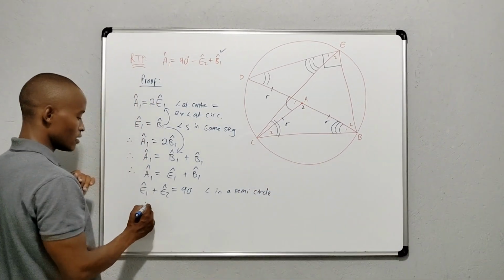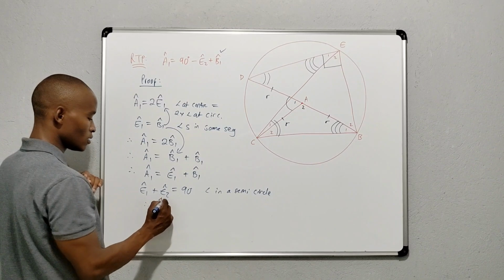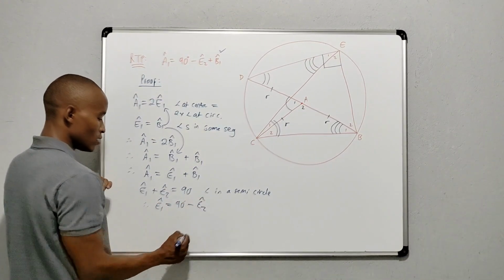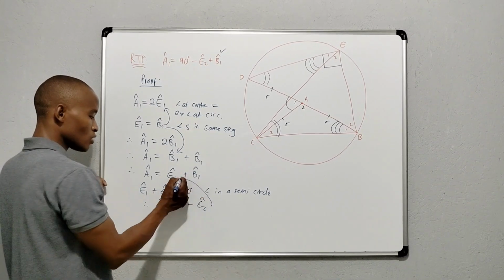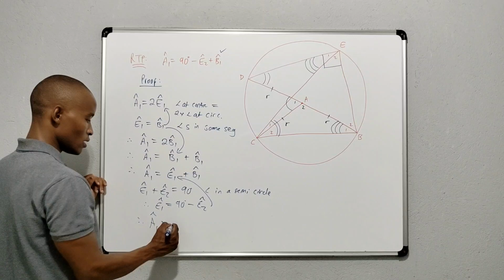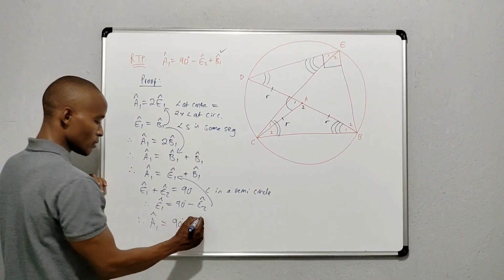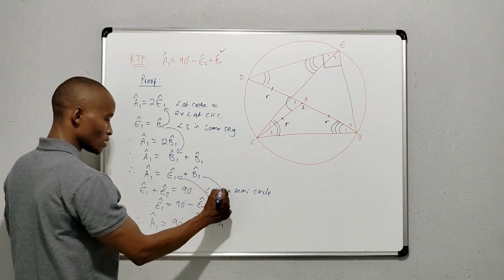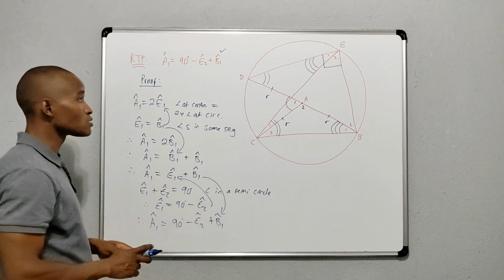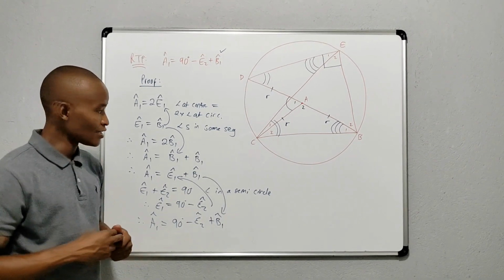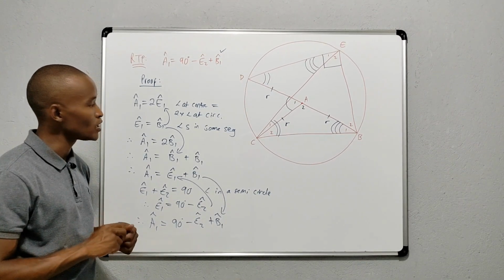And therefore, angle E1 is equal to 90 degrees minus angle E2. Goes back there, and therefore, angle A1 is equal to 90 degrees minus angle E2 plus B1. B1 still remains where it was. Did we prove the required statement? Yes. This was a very nice question.